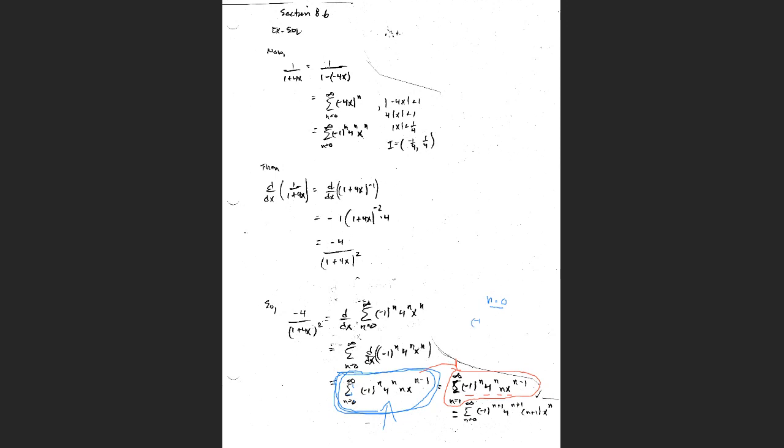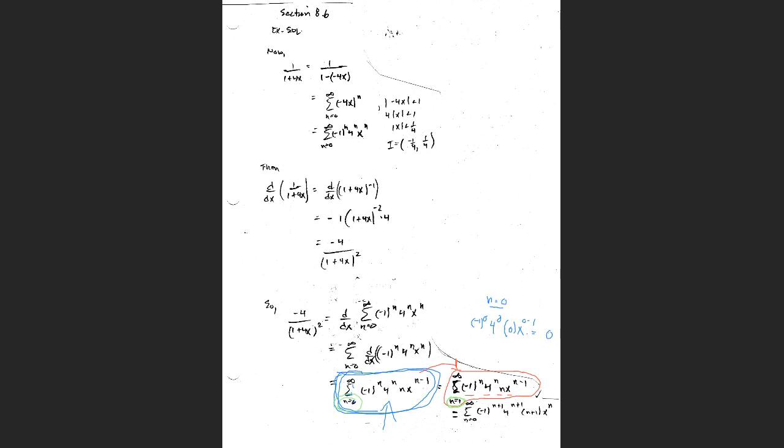So look, when n is 0, you have negative 1 to the 0 times 4 to the 0 times n, but n is 0. See? So that all equals 0. That's why you can rewrite the series. Instead of starting it at n equals 0, you can start it at n equals 1. So the change of index is fine.